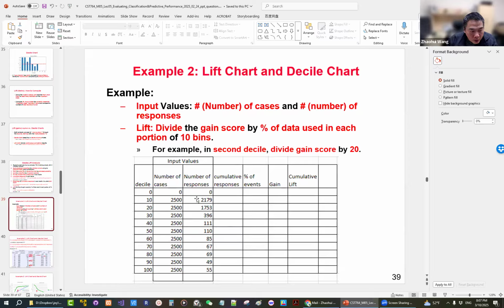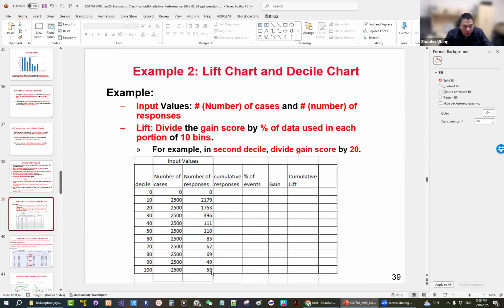The responses for each decile are different. The first is 2,179, the second 1,753, and you can see they are sorted from high to low.